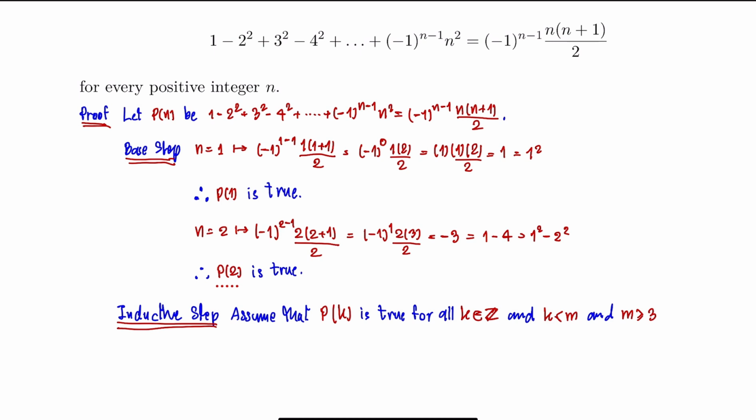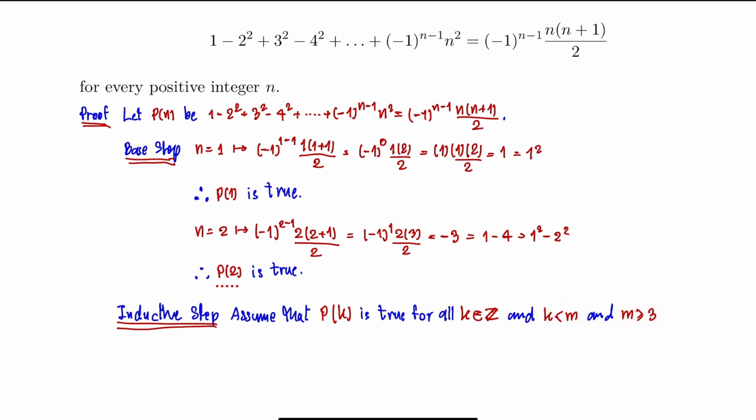We already have P(1) and P(2) being true, and we are trying to show that P(m) for m equal to 3, 4, 5 are all true, by assuming that P(k) is true for all integers k where k is less than m and m is greater than or equal to 3.